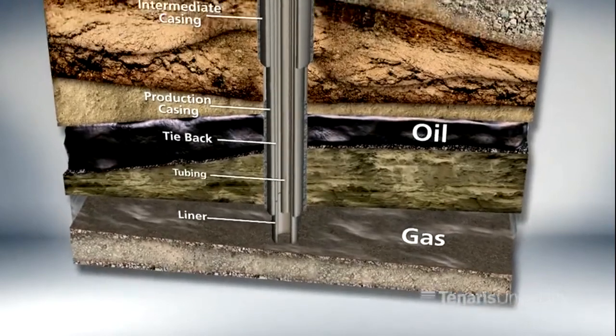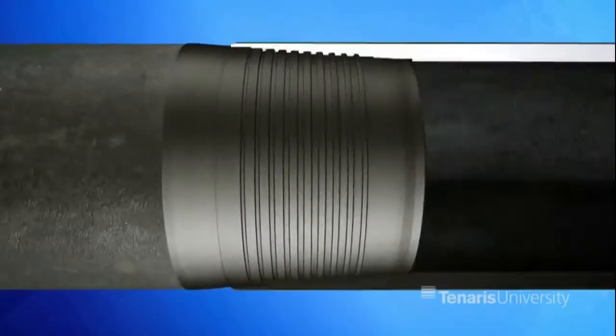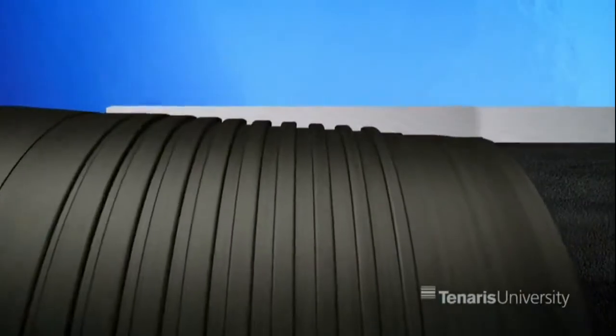All the pipes used either as casing or tubing are comprised of two different parts, the pipe body itself and the connections. And the standard way to identify them is through their dimension and mass characteristics, the steel grade, and the connection. Let's see this with an example.